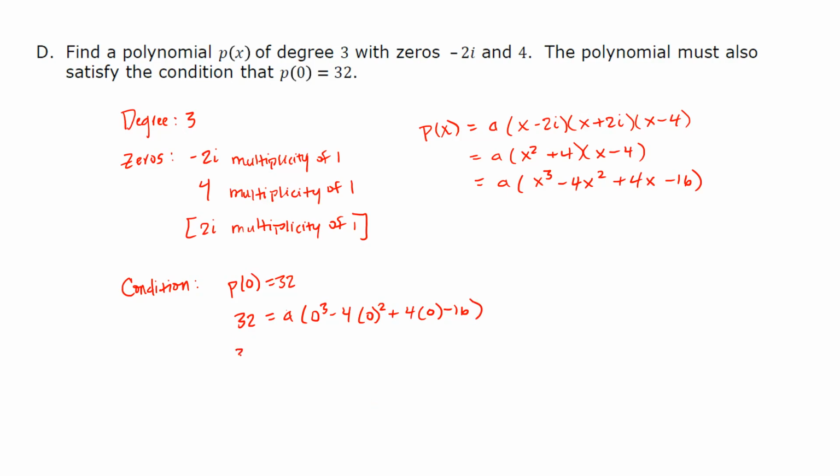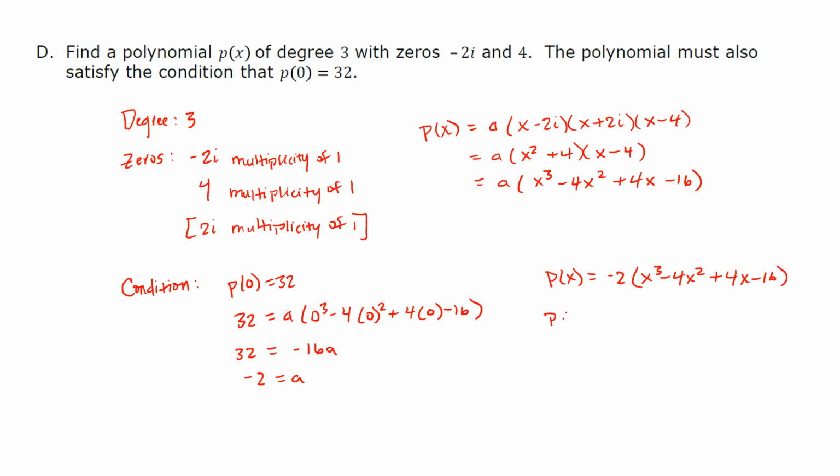Okay. Now I can simplify that down because anything times 0 is 0. So that leaves me with 32 equals negative 16a. When I divide both sides by negative 16, I get negative 2. Okay. So p of x equals negative 2 times x cubed minus 4x squared plus 4x minus 16.